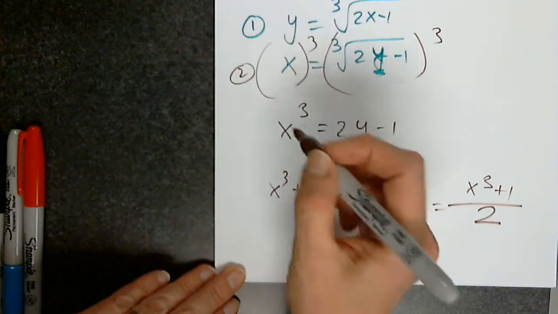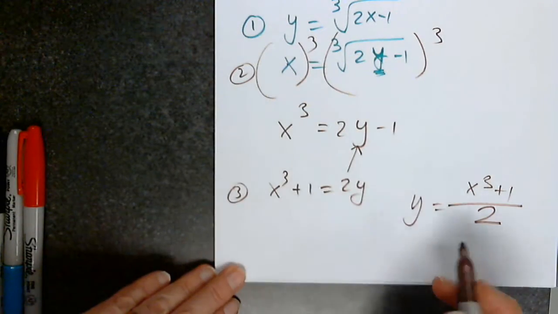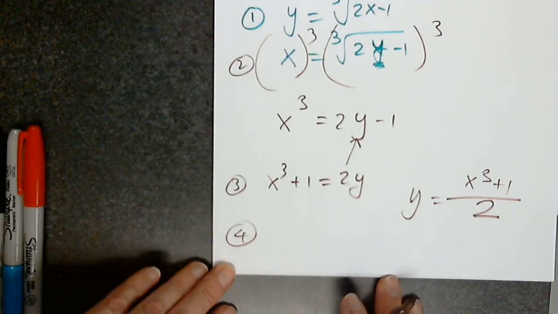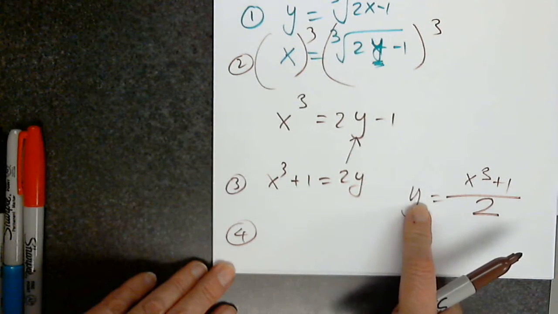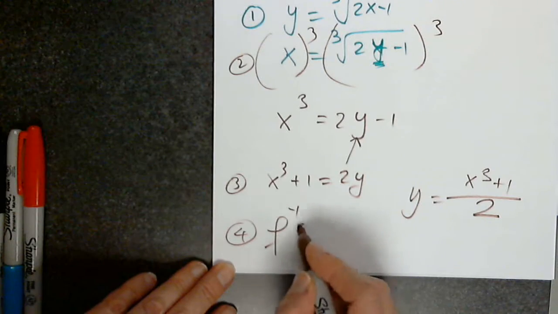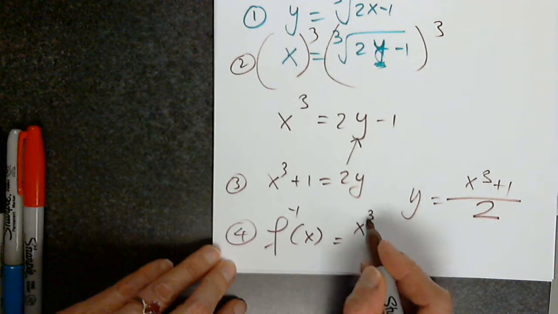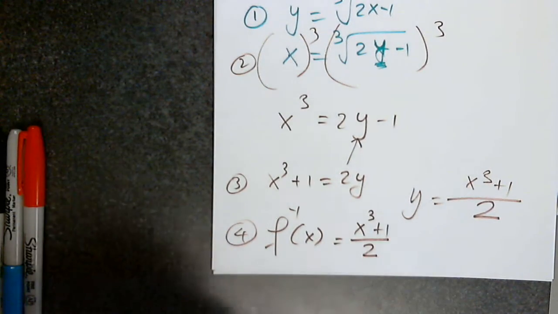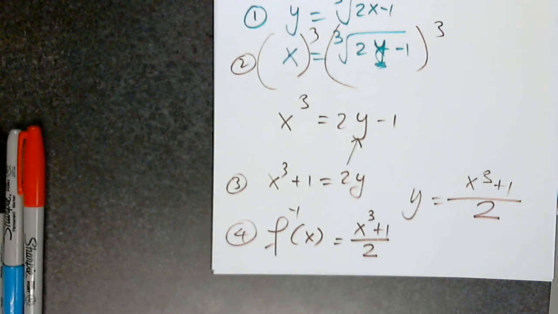So this was 2, and this was 3, solving for y, and step 4, final step. Change it back to f inverse of x is x cubed plus 1 over 2. Very good. Any questions? Is this clear?